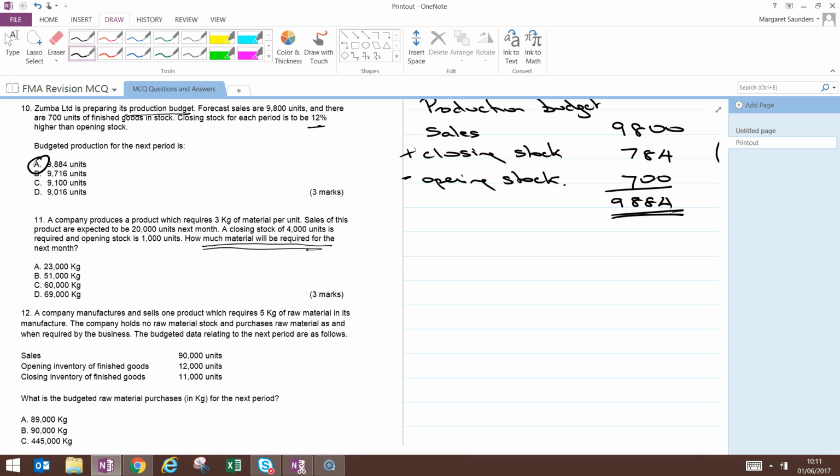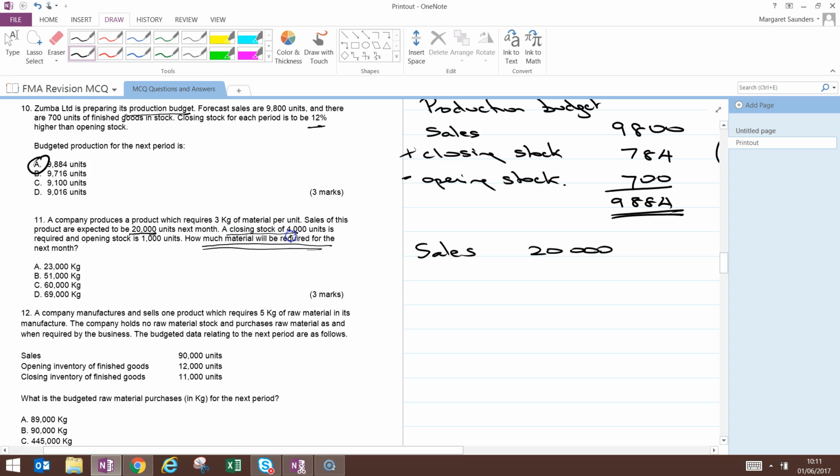Now to work out what we're going to use, we need to know what we're going to produce. So we firstly need to do the production budget. So as in question 10, our production budget starts with our sales. So sales are 20,000. Is there any closing stock to add on?